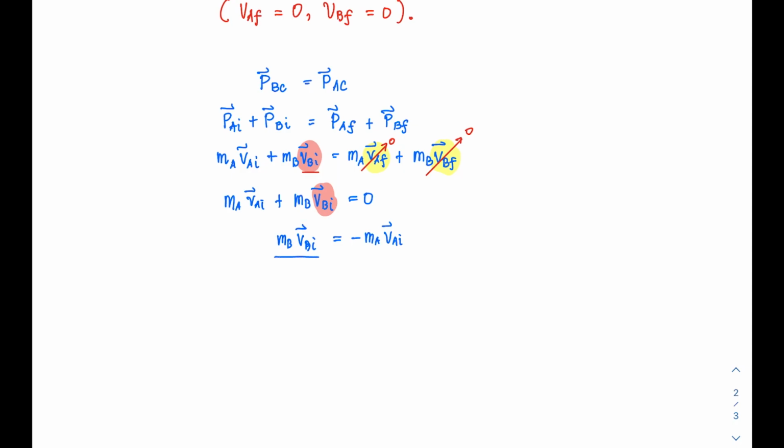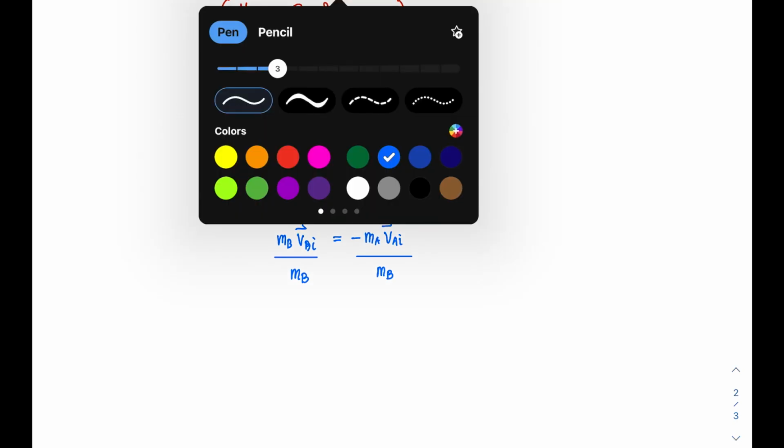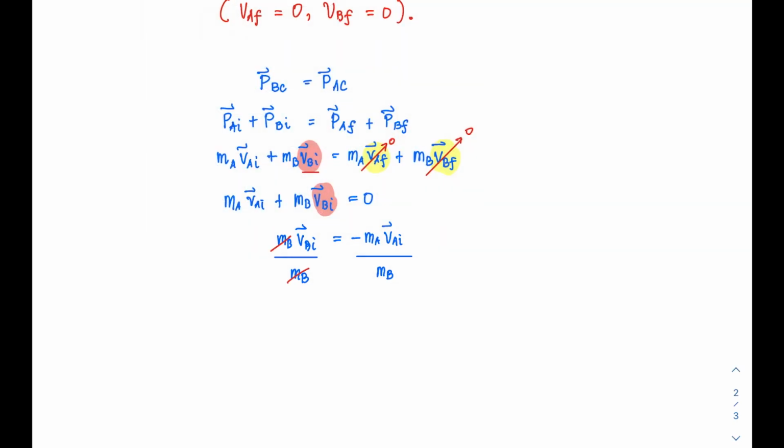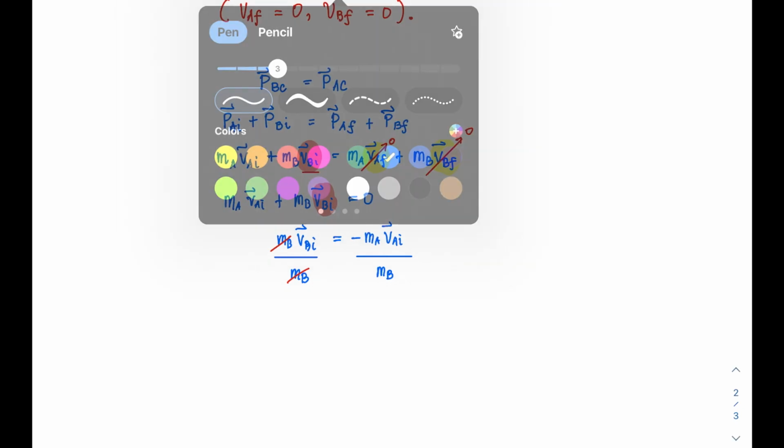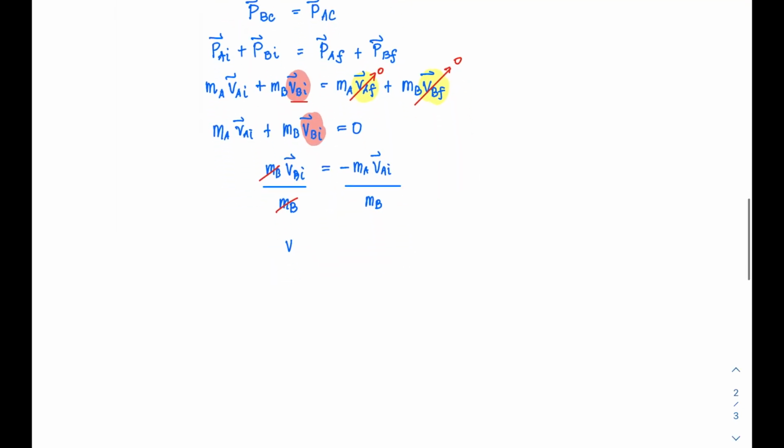So to get just VBI, I'm going to divide both sides by MB. So clearly, we have a simpler equation. One equation, one unknown, so that's a very good thing in algebra. I'm hoping you recall that discussion on the systems of equations, that is ideal.